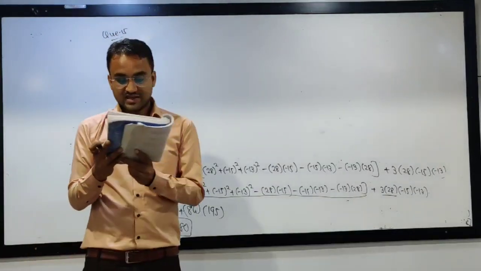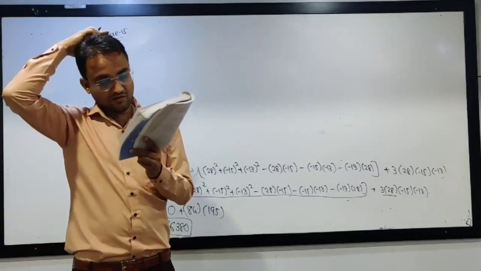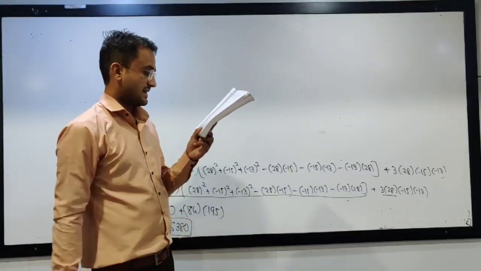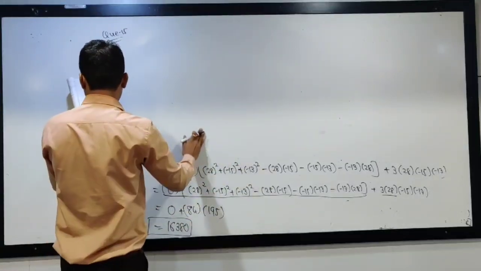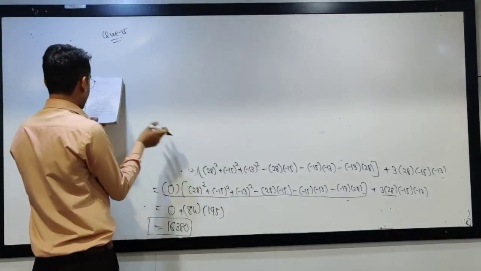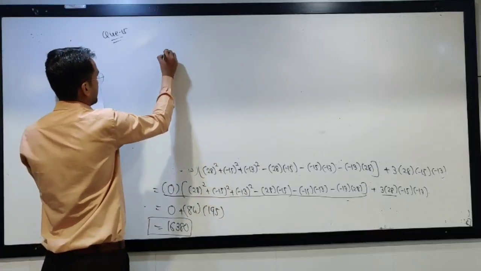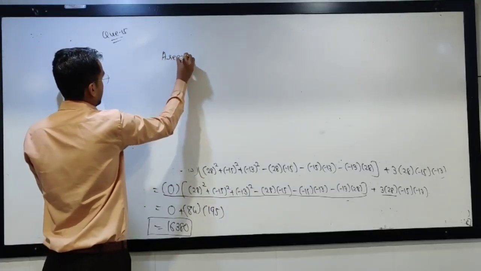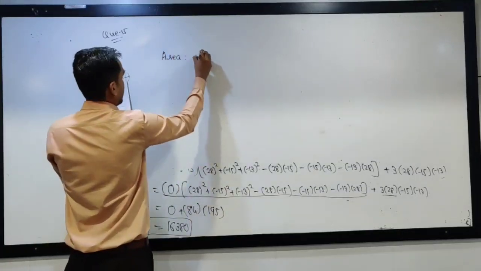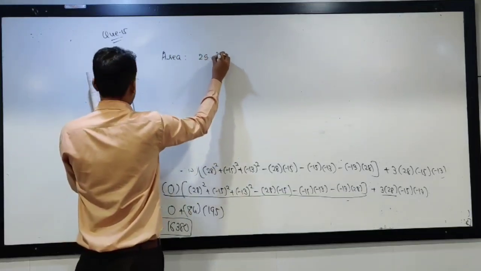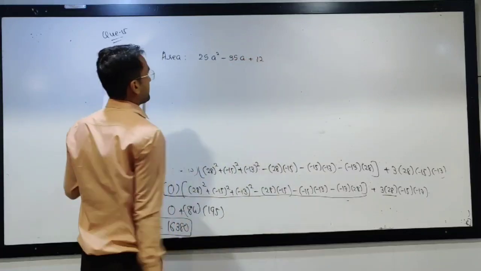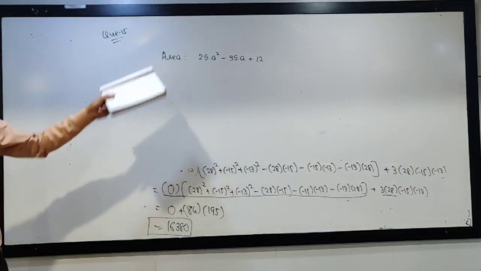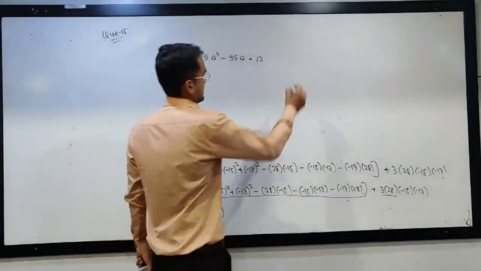Given possible expressions for length and breadth of each of the following rectangles in which the area is given. We are given area, right? We have to find length and breadth. So area is given: 25 a square minus 35a plus 12. So remember this type of question we have done in factorization.